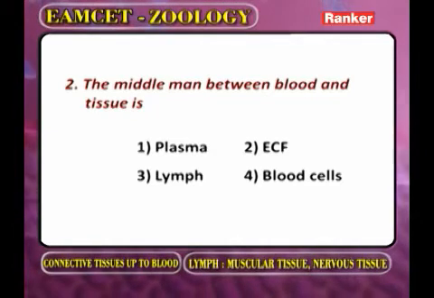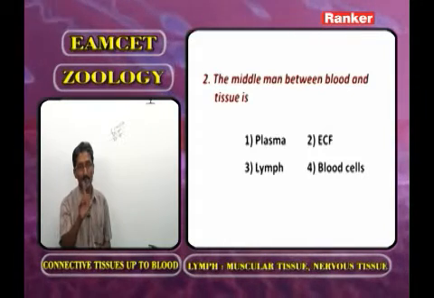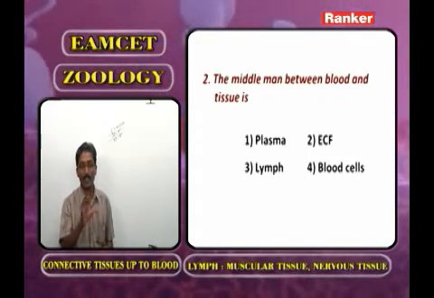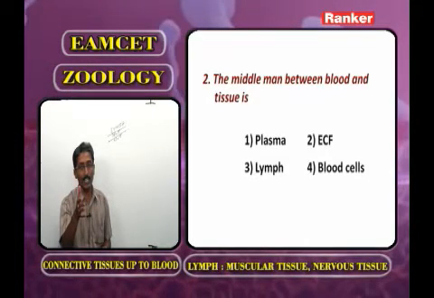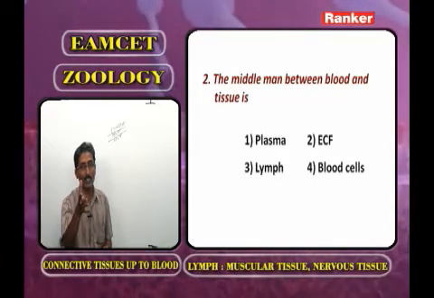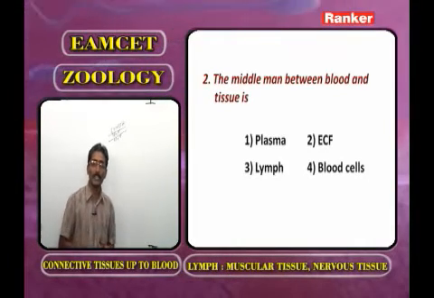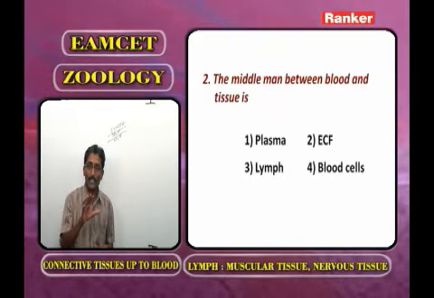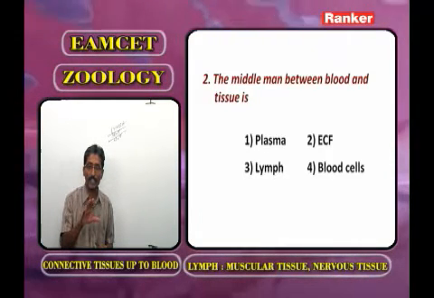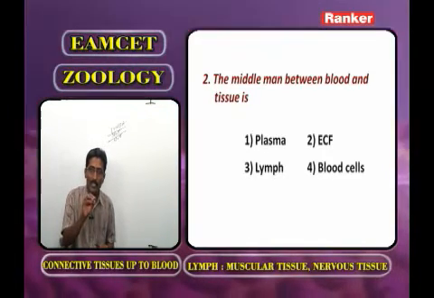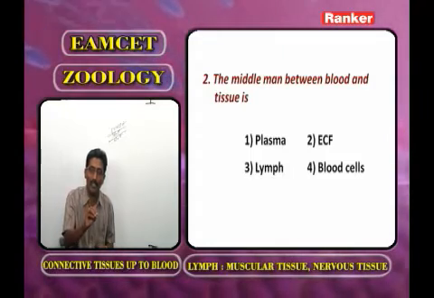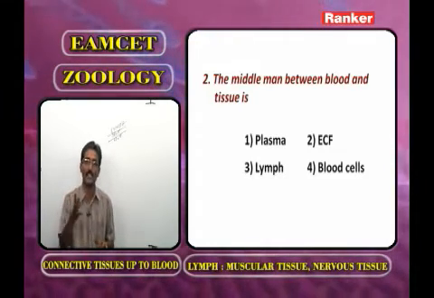Generally here the student is going to make a mistake. What is the middleman between the blood and the tissue? Generally an average student gives the answer lymph, but it is not correct. As we observe the answer for this question, in the tissues some amount of fluid does not enter into the blood vessels.